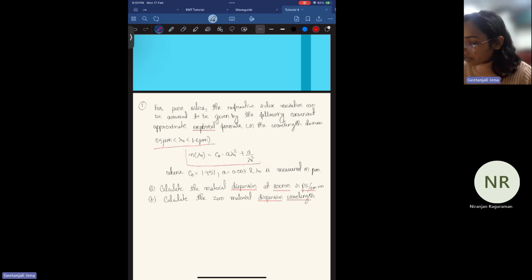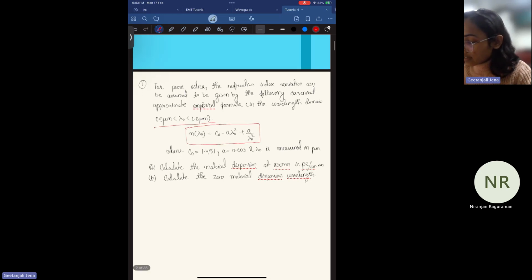This is the refractive index profile, which is similar to the Sellmeier equation. The constants C0, A, and so on are already given. The question asks, what is the material dispersion at 800 nanometer in picosecond per kilometer nanometer?